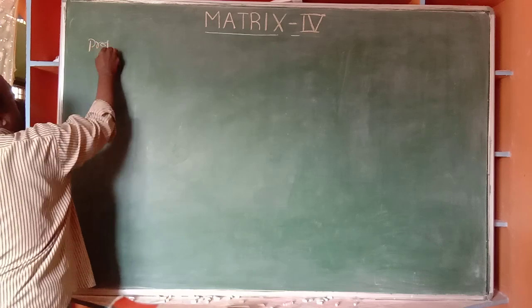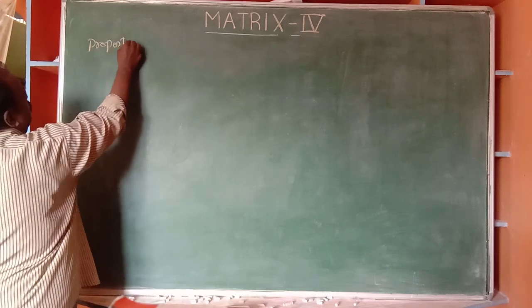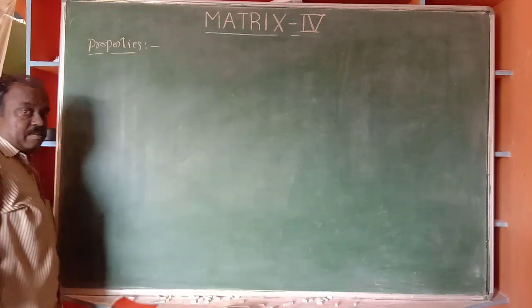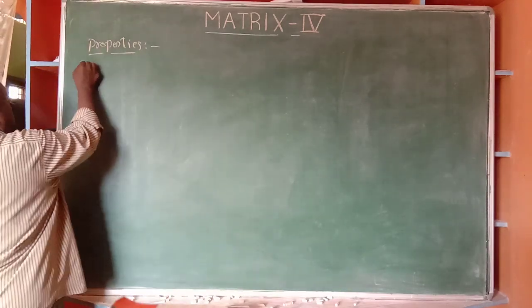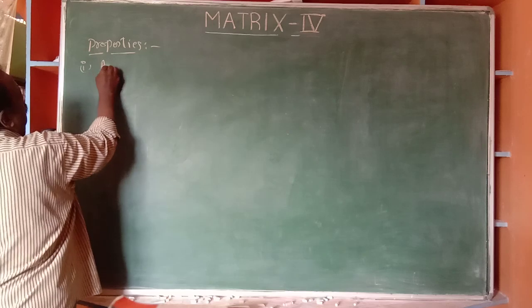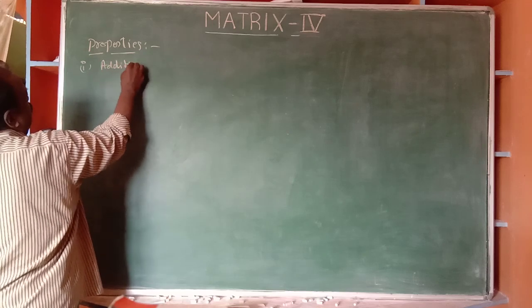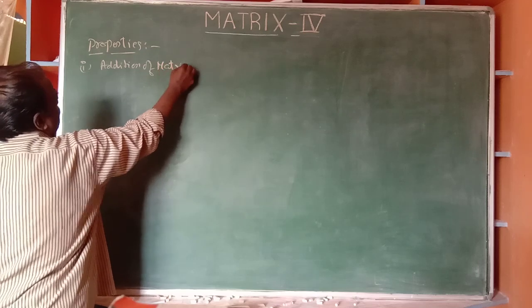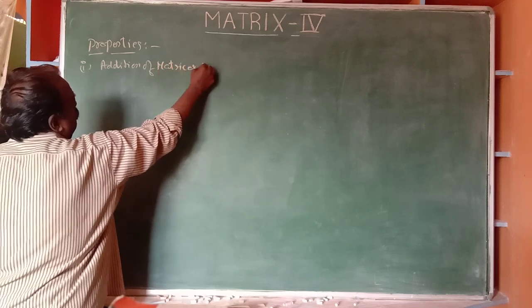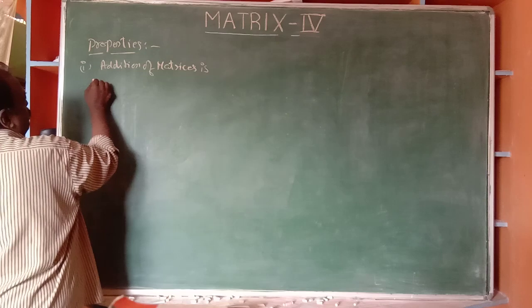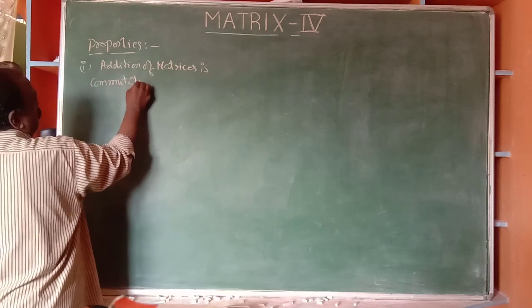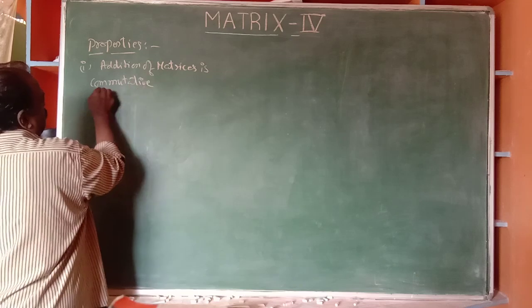Properties. Number 1. Addition of matrices is commutative.